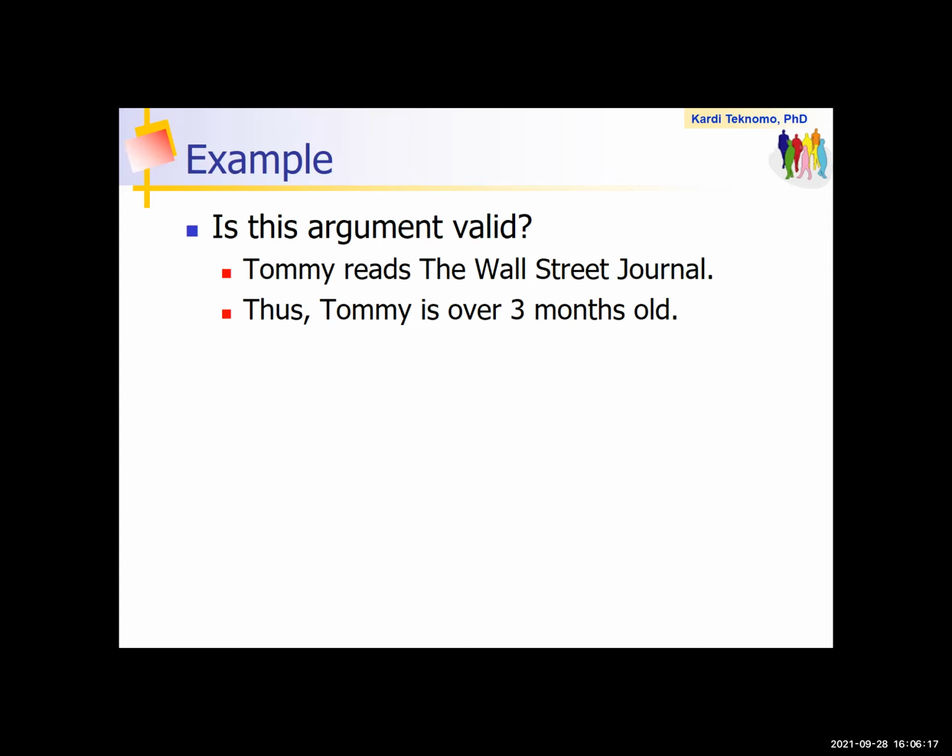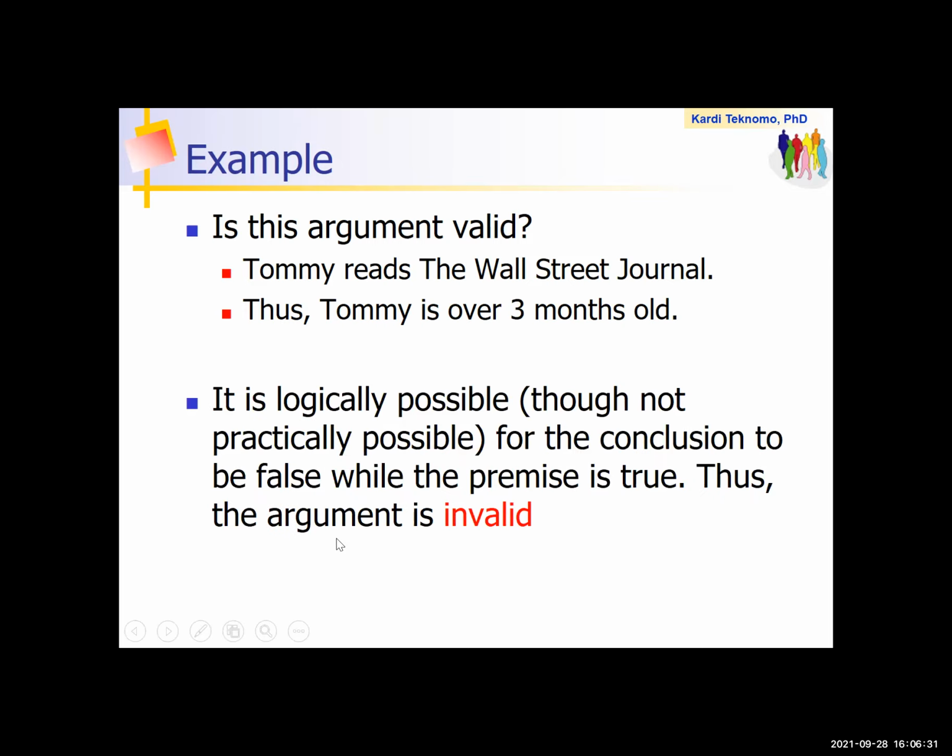That's the question. Because you can read it without understanding it. You can just see it and read. Yeah, logically, it's possible that a 3 month old can read. Practically not possible. So it is logically possible for the conclusion to be false, while the premises are true.